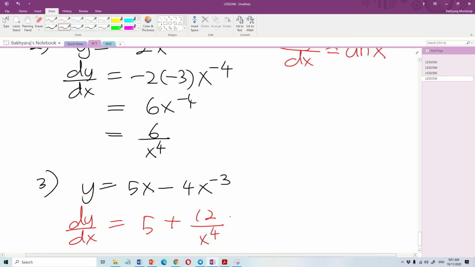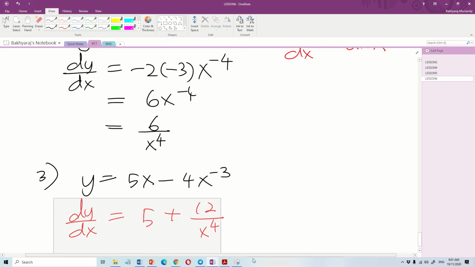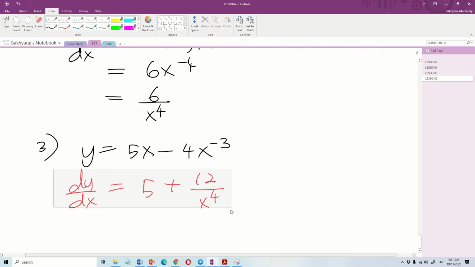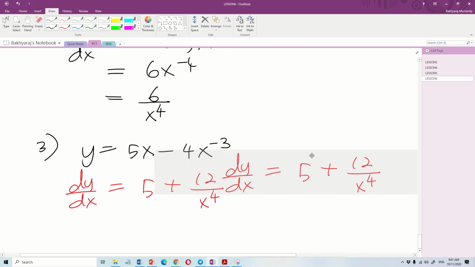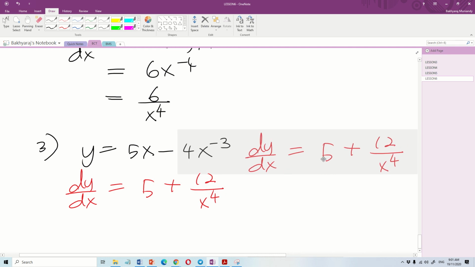Okay, ini jawapan dia. Kita tengok macam mana nak dapat ni. Siapa-siapa tak dapat, saya bagi jawapan dia.